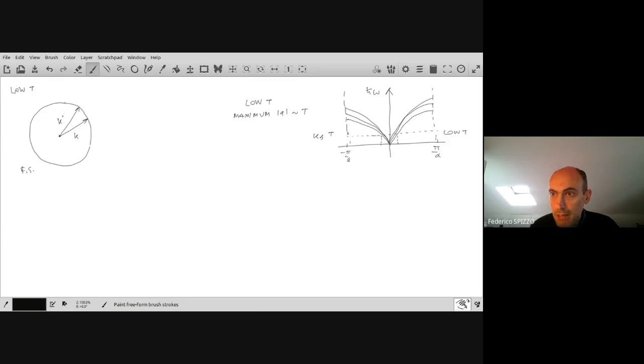So the smaller the temperature, the lower the wave vector corresponding to a possible excited phonon with this maximum phonon energy. So in this case, Q is proportional to T.